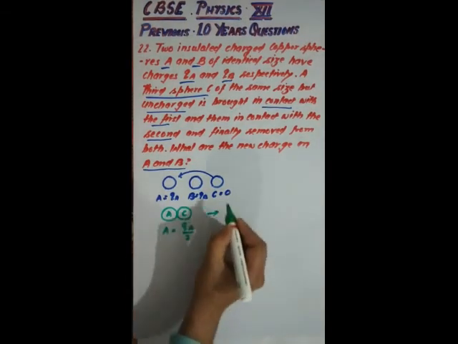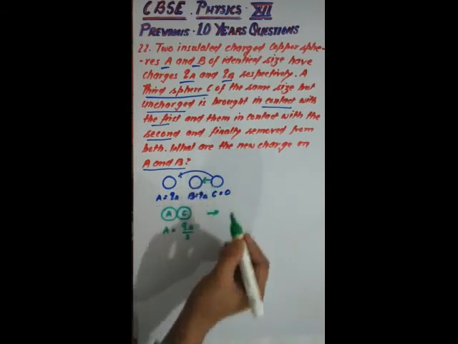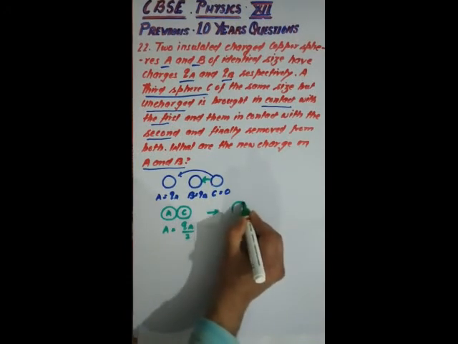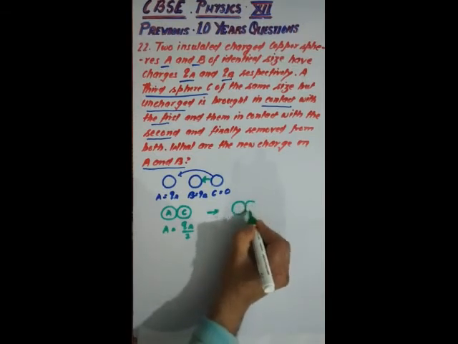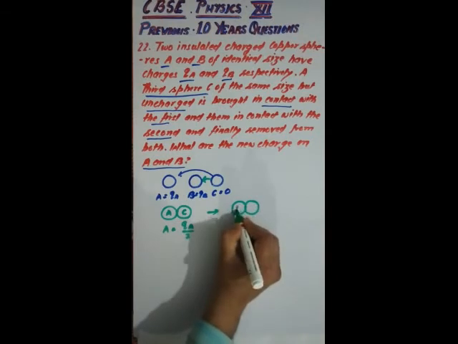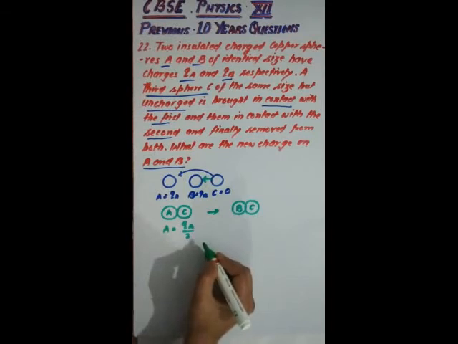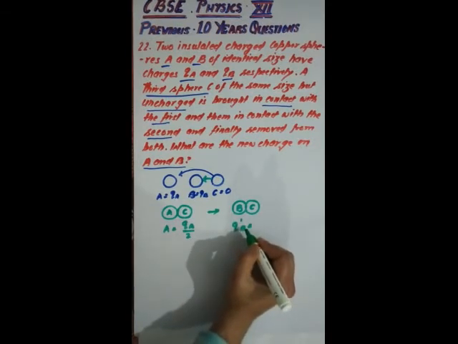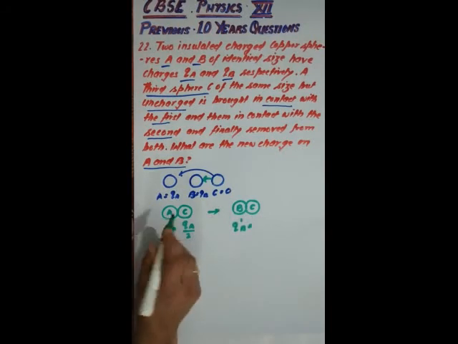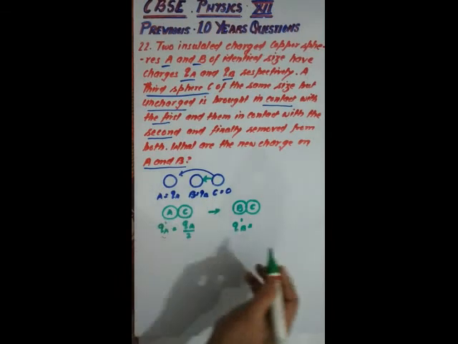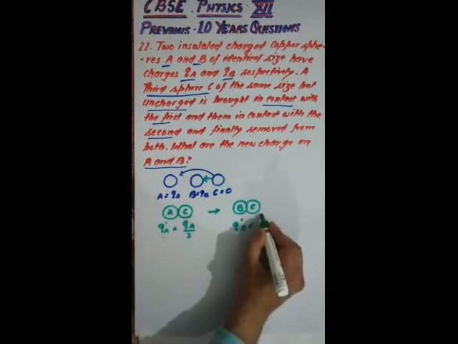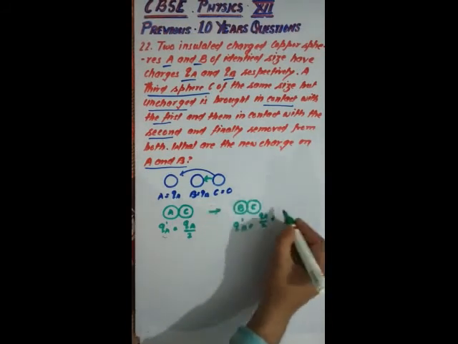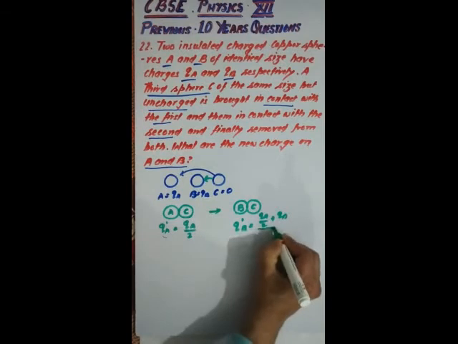Similarly, then C is brought in contact with B. The new charge developed on B will become the charge on C, QA upon 2, plus the charge on B, QB, all upon 2.